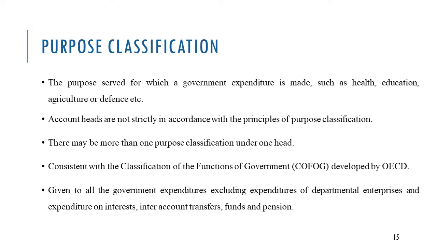It becomes therefore essential to classify expenditure under each head according to purpose. The purpose classification is given to all items of the expenditure, excluding expenditures of departmental enterprises and expenditure on interest, inter-account transfers, funds and pension.